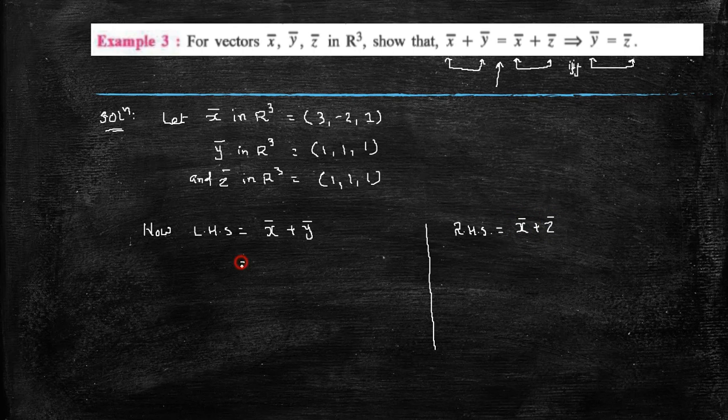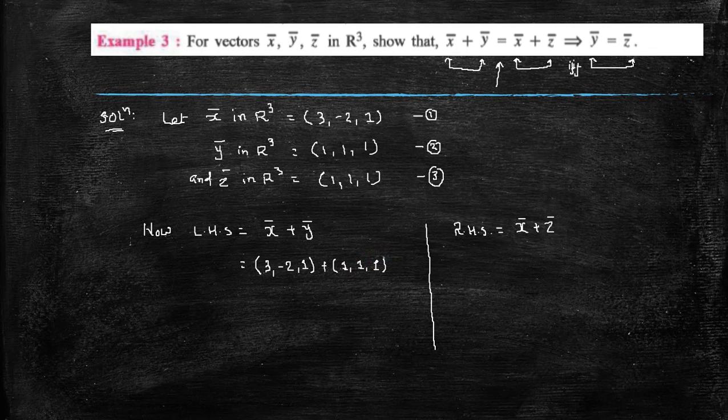So let us first find the value of x bar and y bar with the help of equation 1, equation 2 and equation number 3. So what is x? The elements of vector x are 3, minus 2, 1. This is what we have for vector x. And now for vector y, very simple, 1, 1, 1.